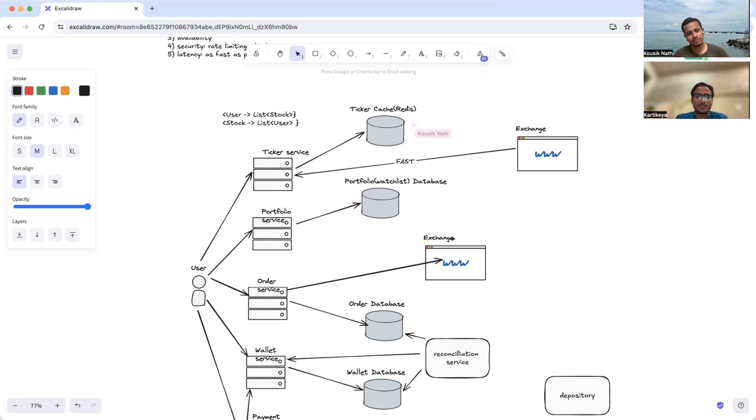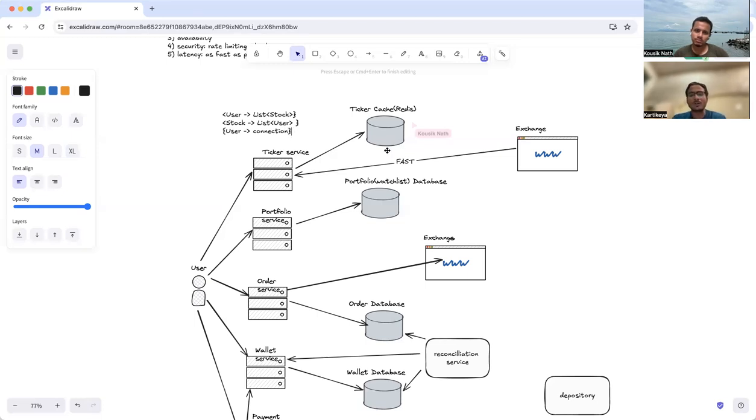So let's say we have this kind of hash map in our RAM, and of course we also need a way of knowing the connection object. So for this particular user, this is the connection.